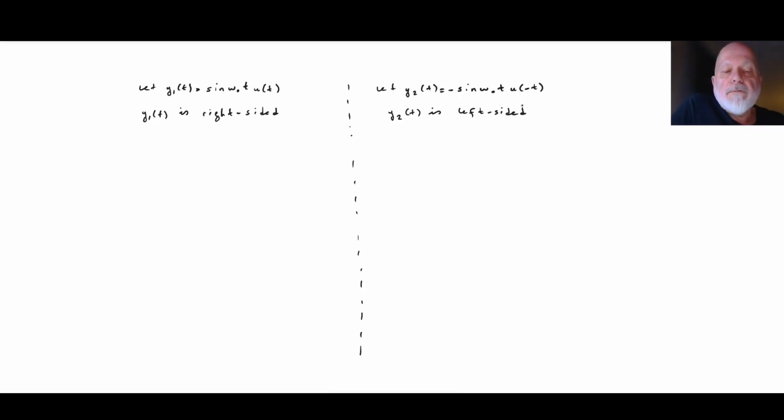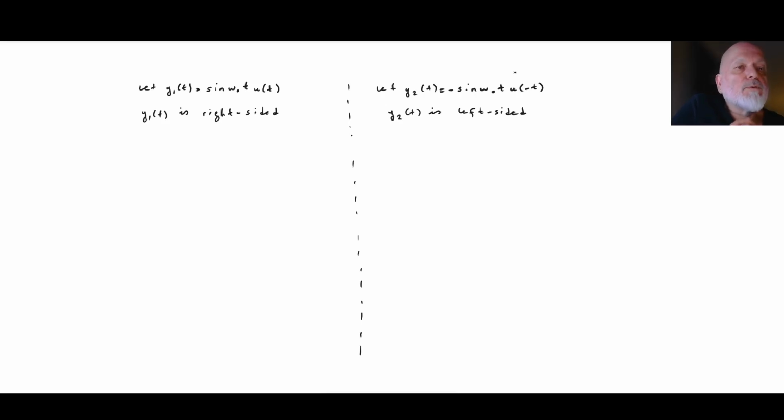We can write down the function sine omega 0 t u of t in the Laplace transform integral and evaluate the integral by using integration by parts. Similarly, for y2 of t, we can do the same thing. But we are not going to use that approach.